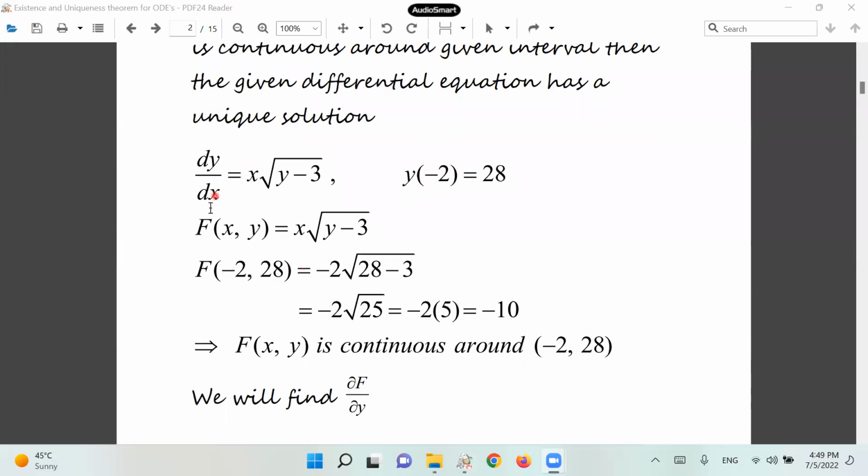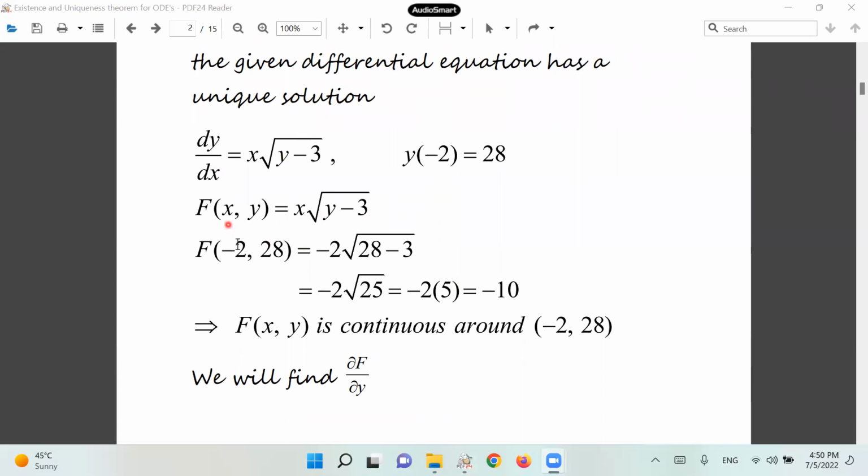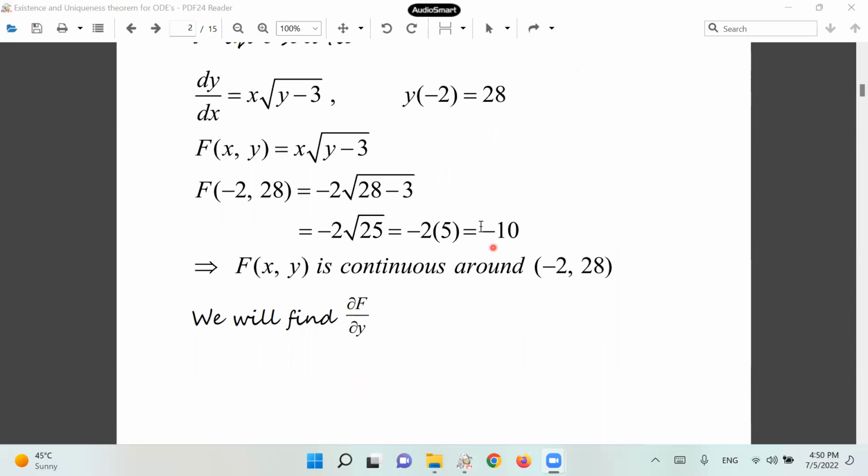So we put dy by dx equals f of x, y. It is equal to x into square root of y minus 3. And when we put in the initial condition that x equals minus 2 and y equals 28, we get minus 10. So this means minus 10 is a real value. And whenever we get a real value, this means that it is a continuous function around the given interval minus 2 and 28.